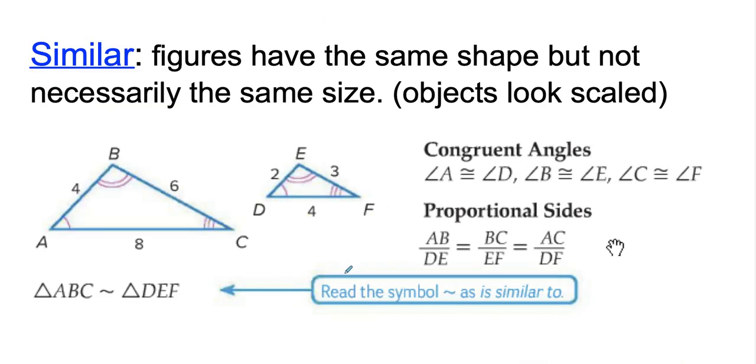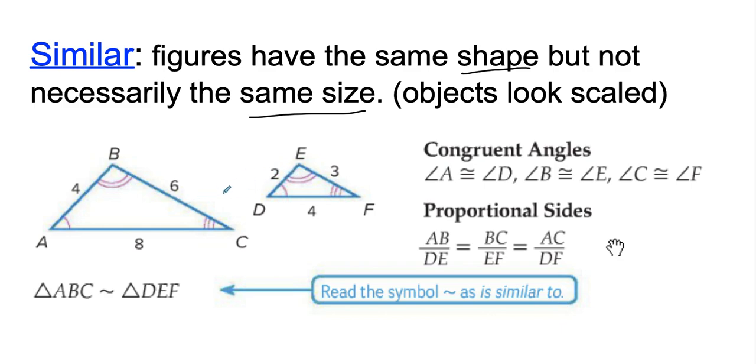When we're looking at similarity, similar figures have the same size, or excuse me, same shape, but not necessarily the same size, okay? So they have the same shape, they look about the same, but they don't have the same size. So I say that objects look scaled, kind of like a blueprint versus an actual house. The blueprint is a scaled version of the house, okay?